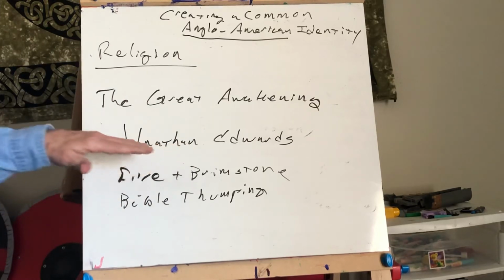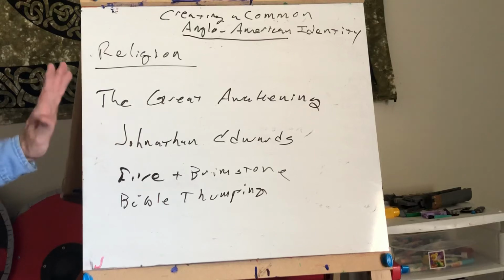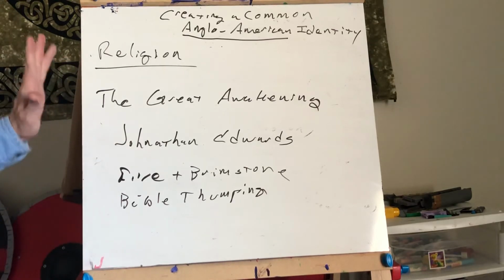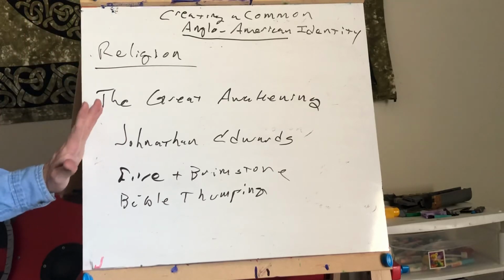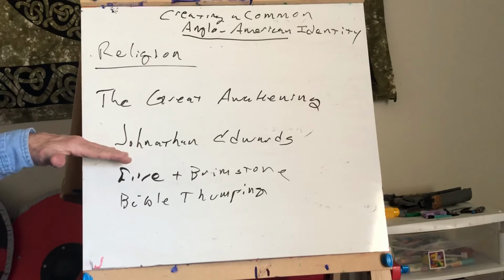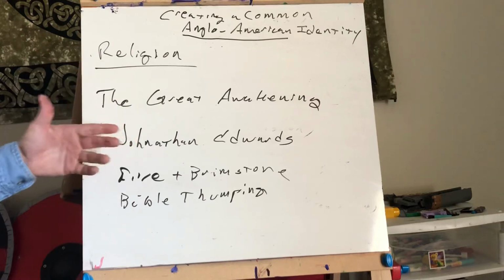People would go to sermons by preachers like Jonathan Edwards like they would to big rock concerts today. And his sermons are going to be published. Benjamin Franklin publishes many of Jonathan Edwards' sermons, just like he publishes ideas of the Enlightenment. And this is going to be a common thing people discuss.